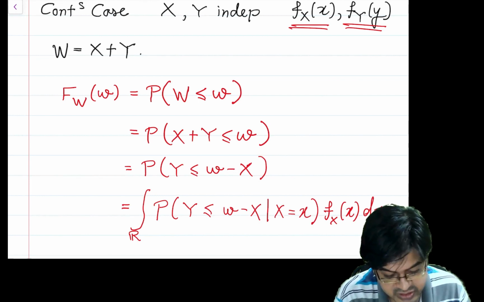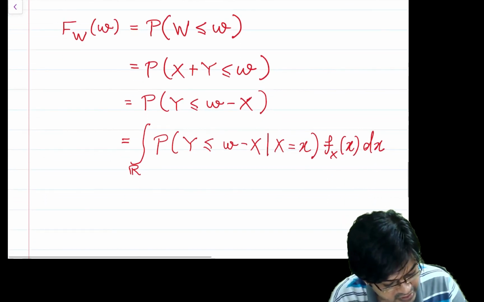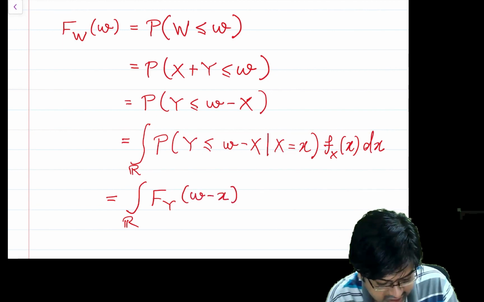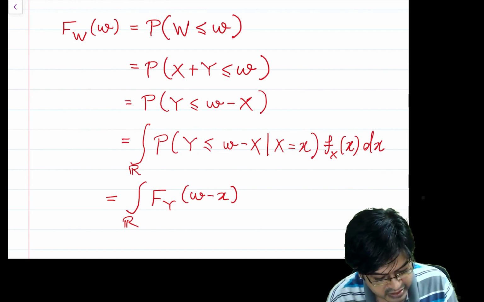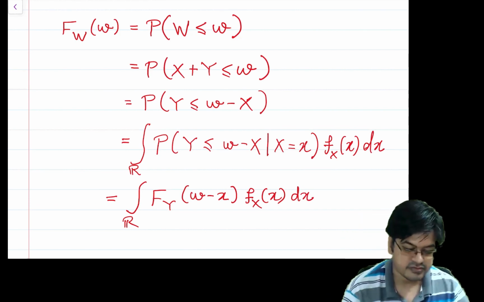Okay, now use the fact that X and Y are independent, and therefore what will this be? This is the integral over R of F_Y(w minus x), because I am replacing this capital X with small x, times f_X(x) dx.